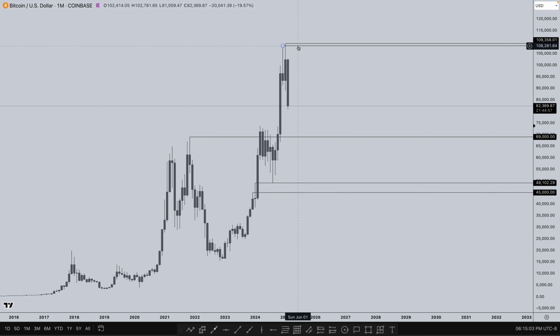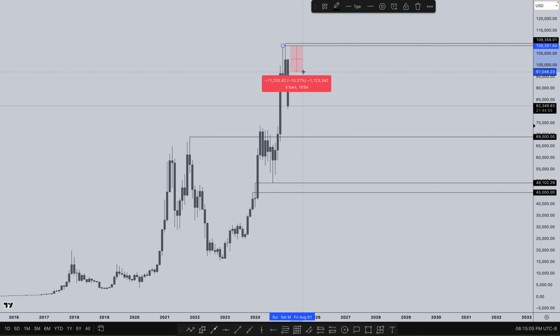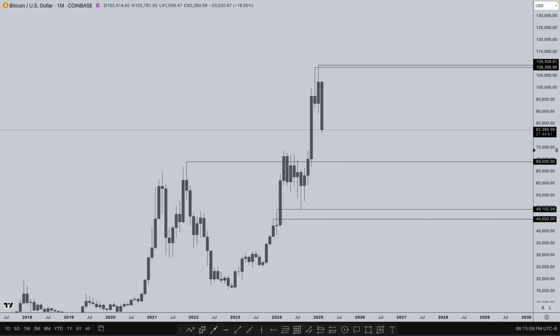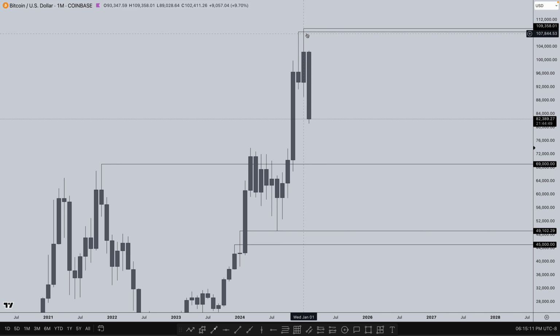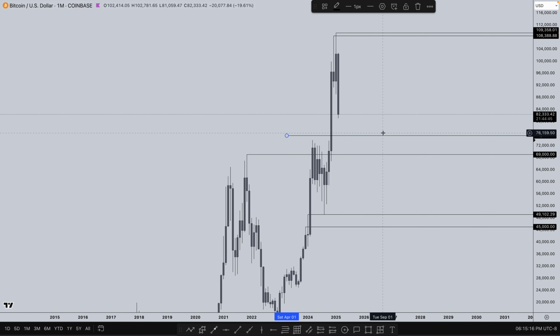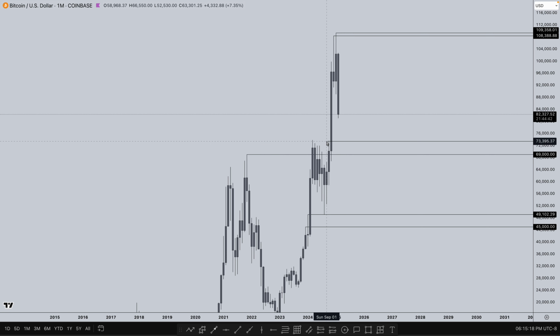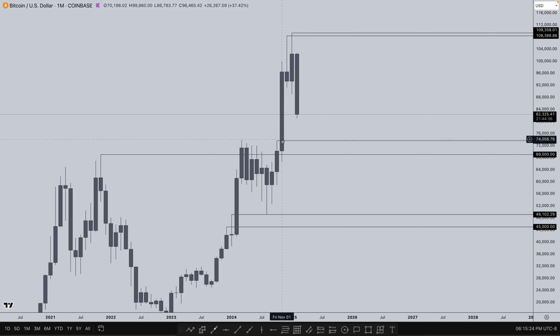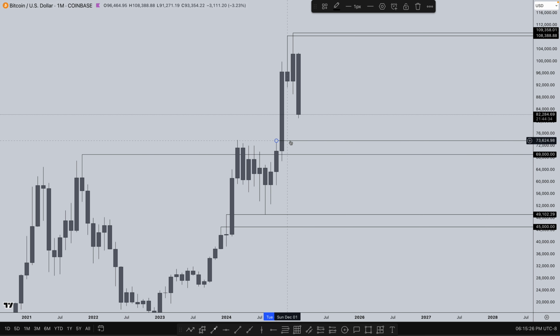Brother, we just swept the previous highs. Even if it's just one position, you're up. That's nasty work. And it looks like price is working its way down here, 73,000, which will be a fill of this imbalance and a retest of structure.